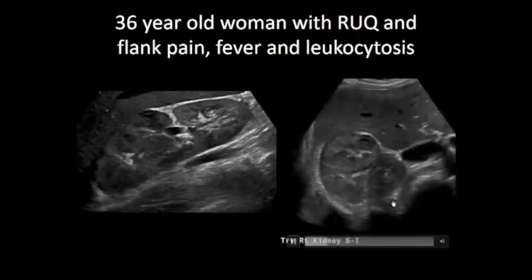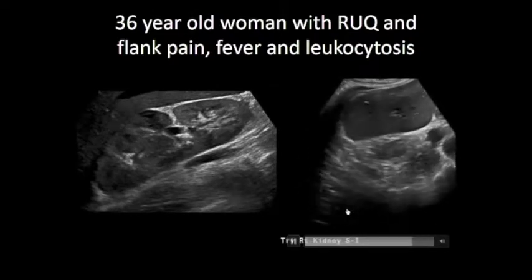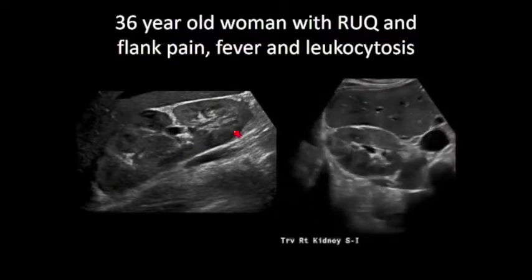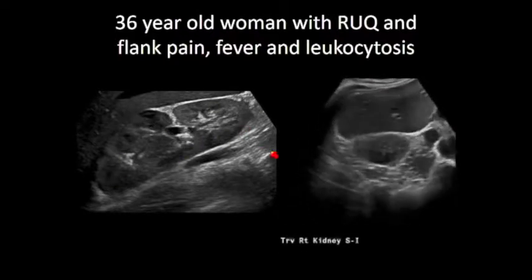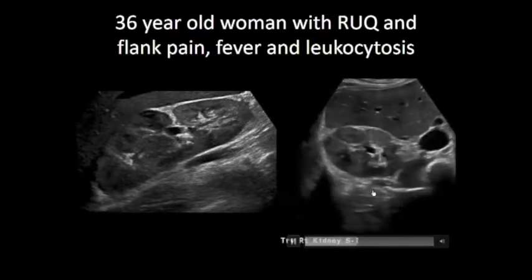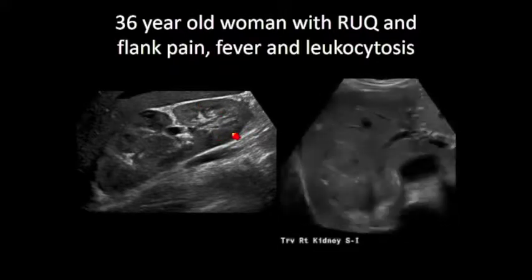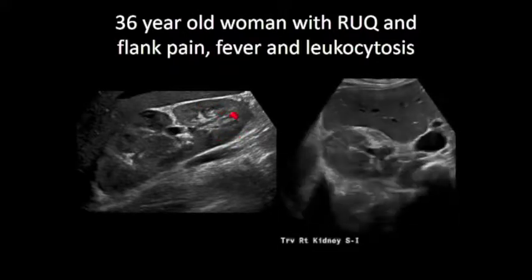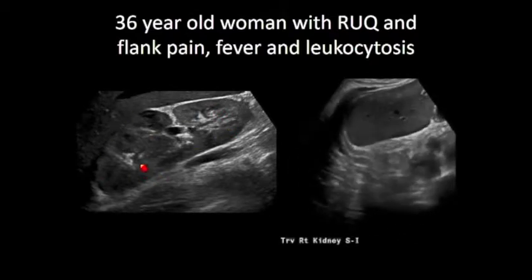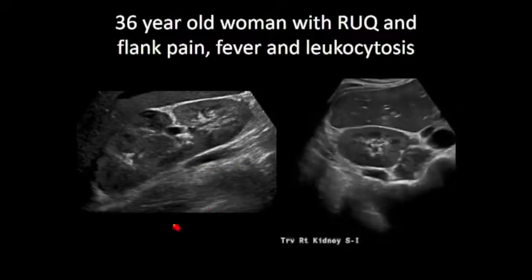This 36-year-old woman came in with right upper quadrant pain and flank pain and fever and leukocytosis. This is a sagittal view of the right kidney, and that's a cine clip going from superior to inferior. And I think you can very nicely see a pretty nice normal-looking lower pole of the kidney with nice corticomedullary differentiation, and an enlarged, swollen, heterogeneous upper pole of the kidney with poor differentiation, and appreciate that on the clip.